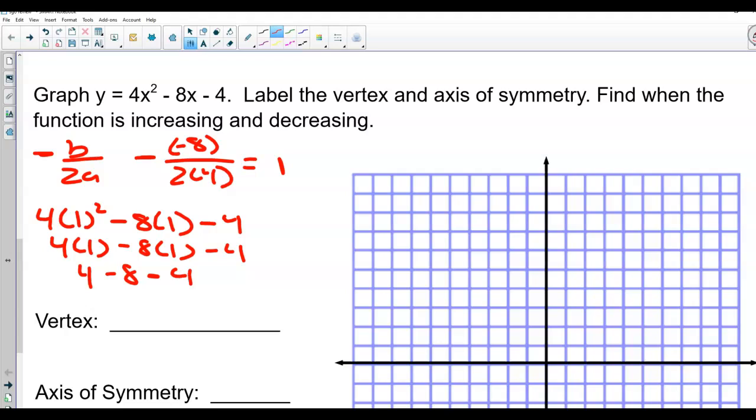Well, 4 minus 8 is -4, minus 4, that's a -12. No, it's not. Oops, sorry. -8. Excuse me. Sorry, 4 minus 8 is -4, minus 4 is -8. So my vertex is going to be (1, -8).